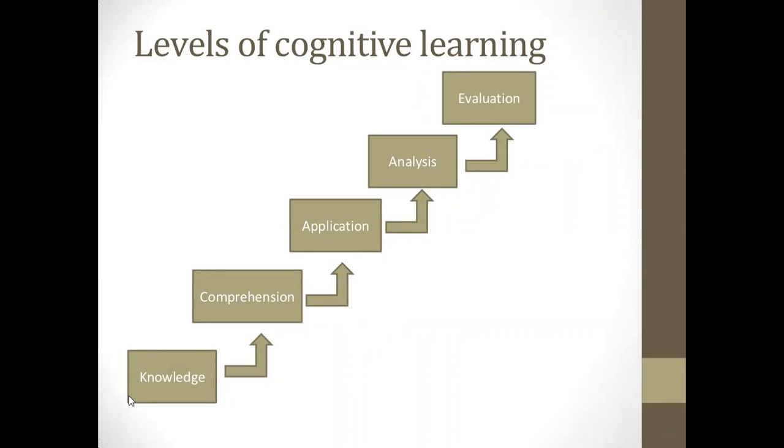Once you develop your lesson plans, if you are dealing with knowledge, you must know specifically the appropriate verbs to use in developing your objective. Same thing with comprehension. If you are at the comprehension level, you must apply the right verbs as part of comprehension. Same thing with application, analysis, and evaluation.